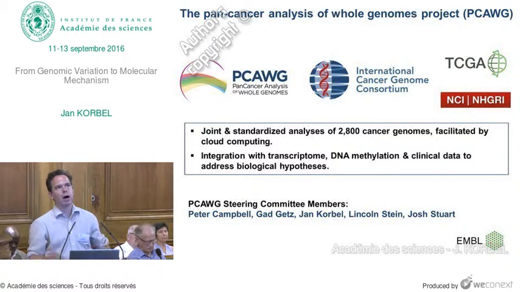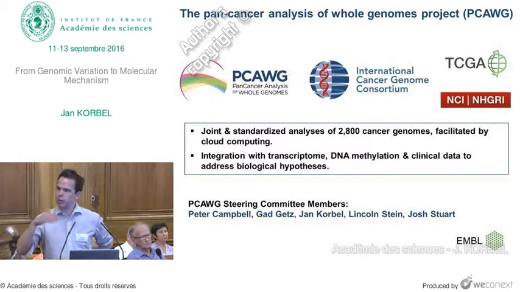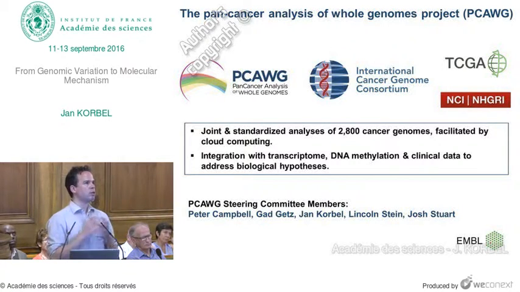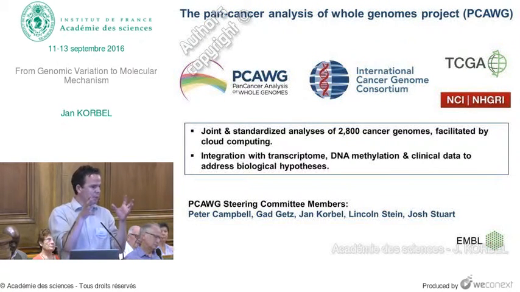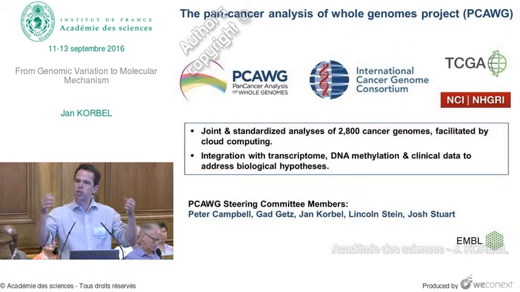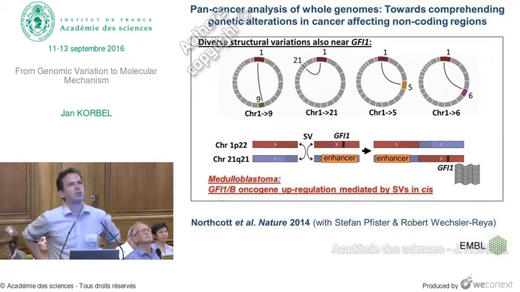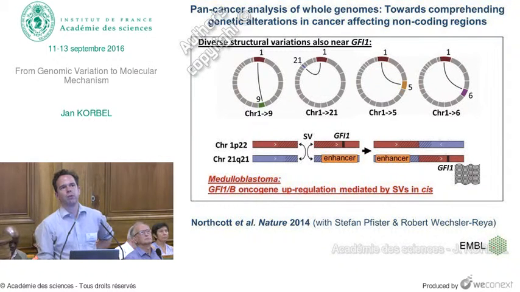But there are also other aspects that interest us, that relate to the questions we are posing ourselves in the group, that is, how can we learn more about how structural variations are formed and selected for? And in this regard, I'd like to mention another discovery that we made recently, again with Stefan Pfister and Robert Wexler-Rea from UCSD in California.